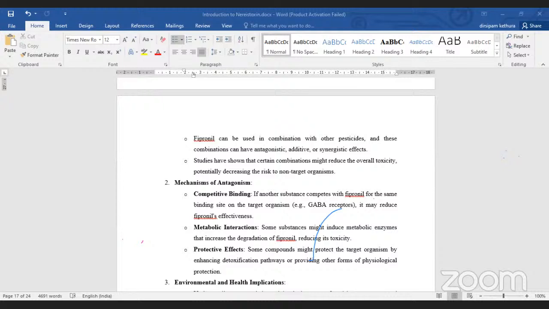If you understand these receptors, it will be easy for you to write the mechanism or mode of action of these molecules on these channels, and how these things protect the pests. If you want, I will explain this in 5 minutes.